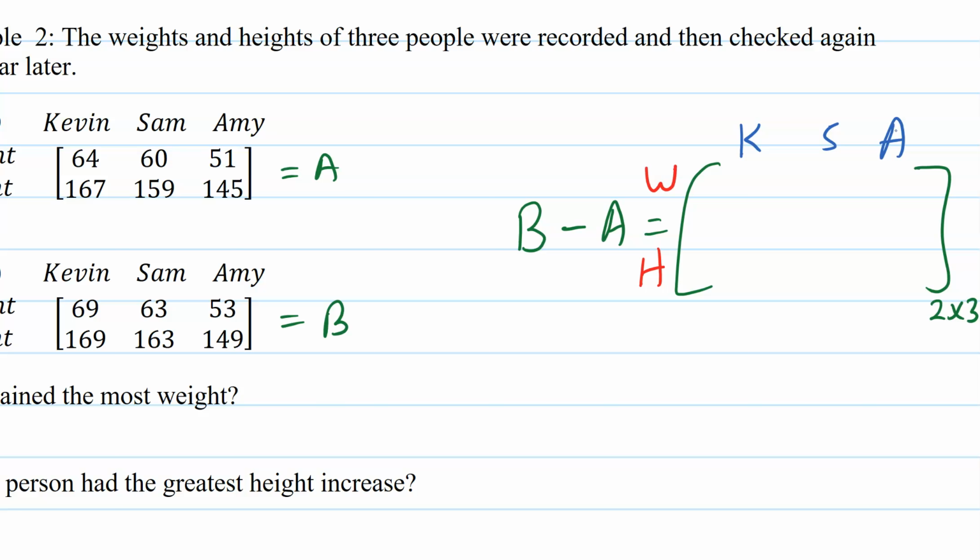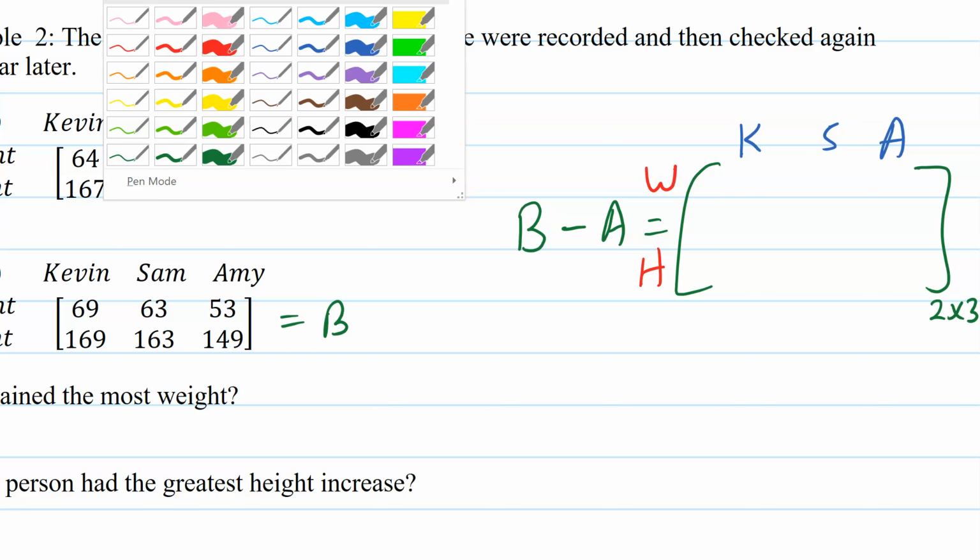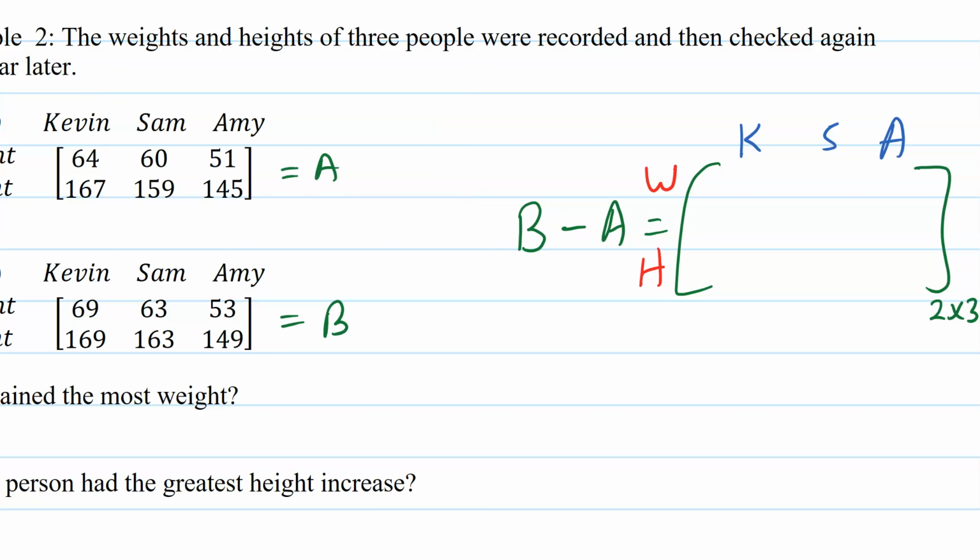Let's have a look. Now we are going to get the 1 1 element. I'm going to circle them in different colors so that you can understand. 1 1, 69 minus 64, that gives me 5. And then I would have 1 2, first row second column element, 63 minus 60, that is 3. And then I have 53 minus 51, 2, for the first row third column element.